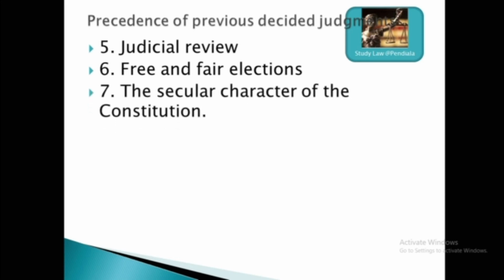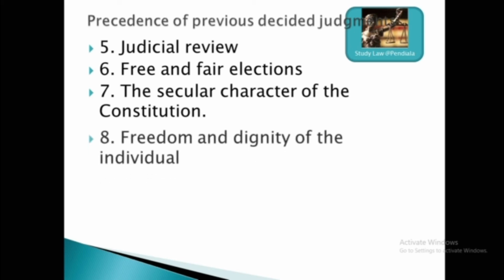And one more important feature, which is also included with the 42nd amendment to the Constitution, is the secular nature of the Indian Constitution. The secular characteristics of the Constitution cannot be changed through any amendment.